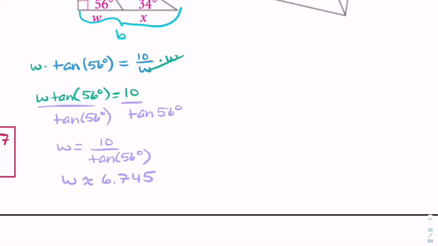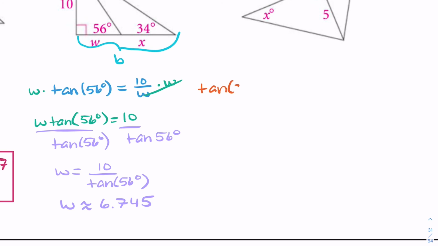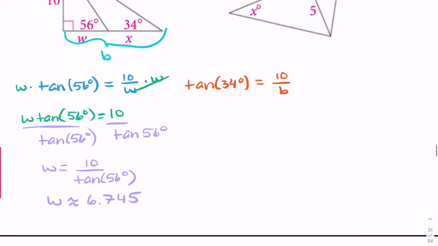So I'm now going to do tangent of 34 is equal to the opposite, 10, over B. Again, you can just switch these if it's easier, but I'll show you the work, times B. So B tangent of 34 degrees equals 10.